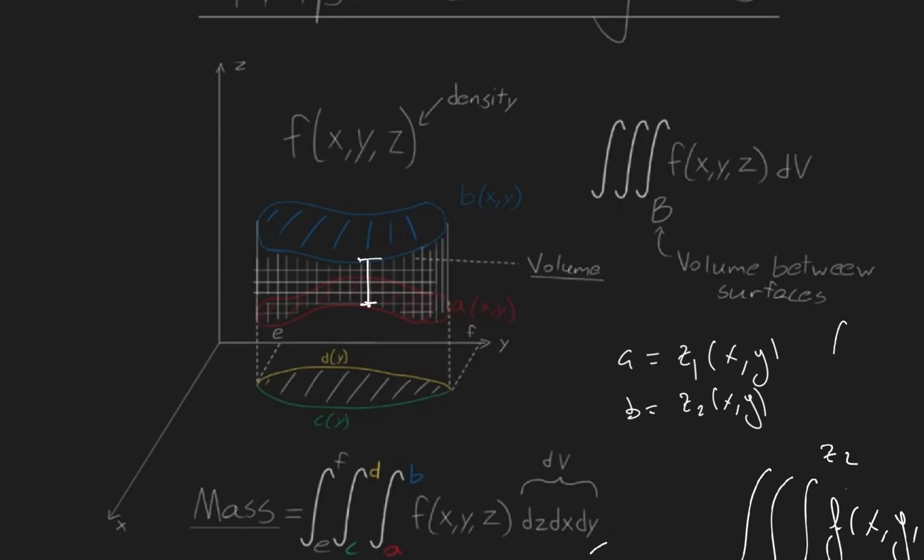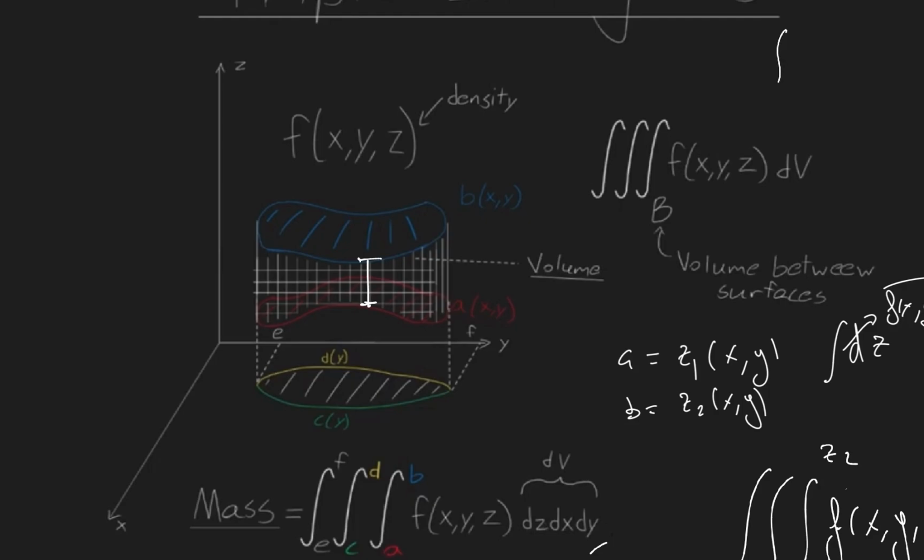When you do the integral of d theta with the function f of x comma y, let's say that this function doesn't depend on z. So the integral of d theta is basically theta 2 minus theta 1.